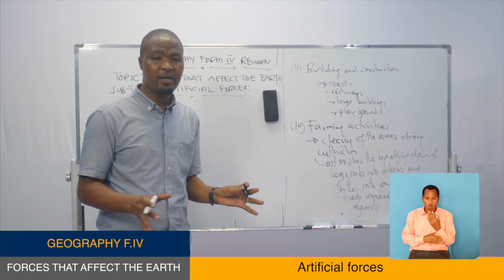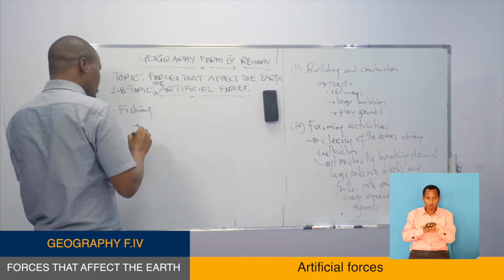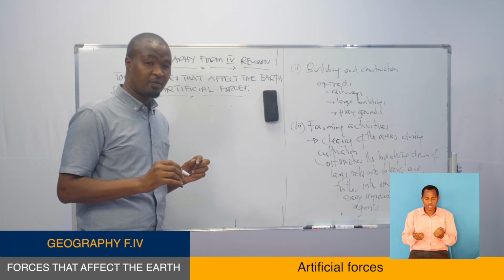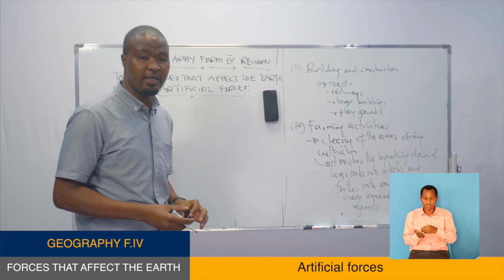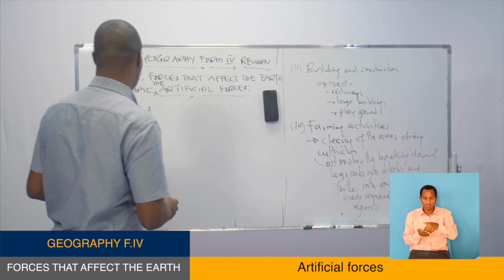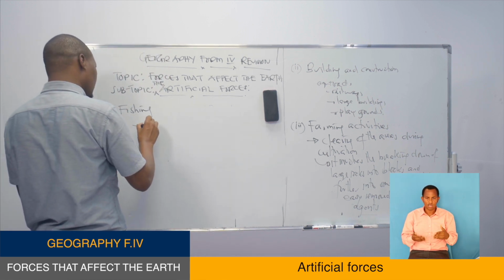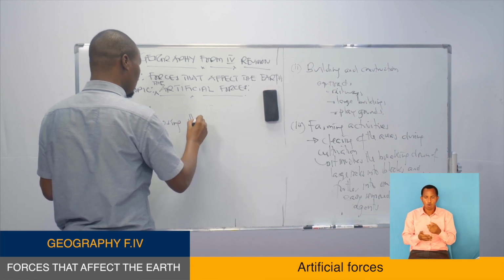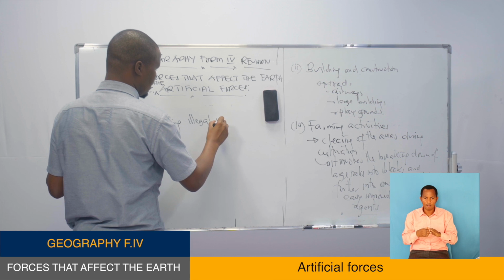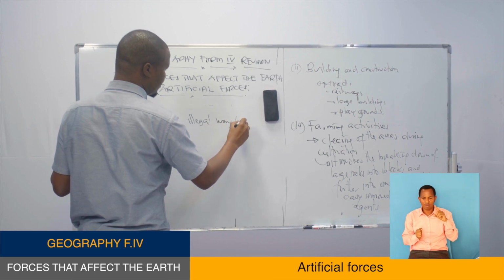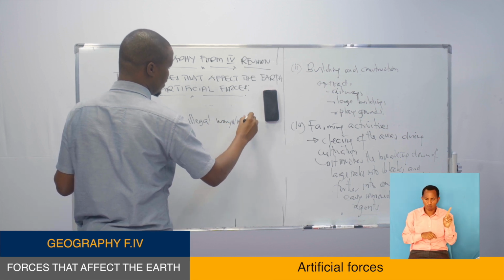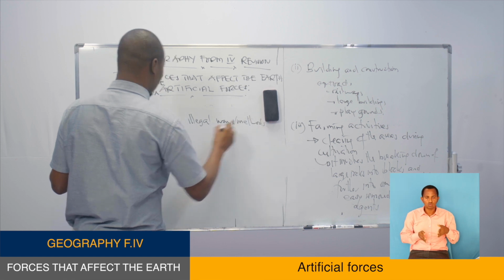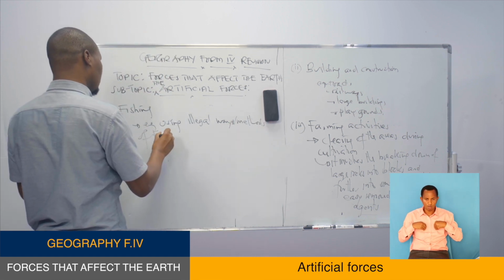All of this may destroy the land from a hard one into a weak one, easily removed by the erosion agents. So we say fishing, example, using illegal ways or methods of fishing.